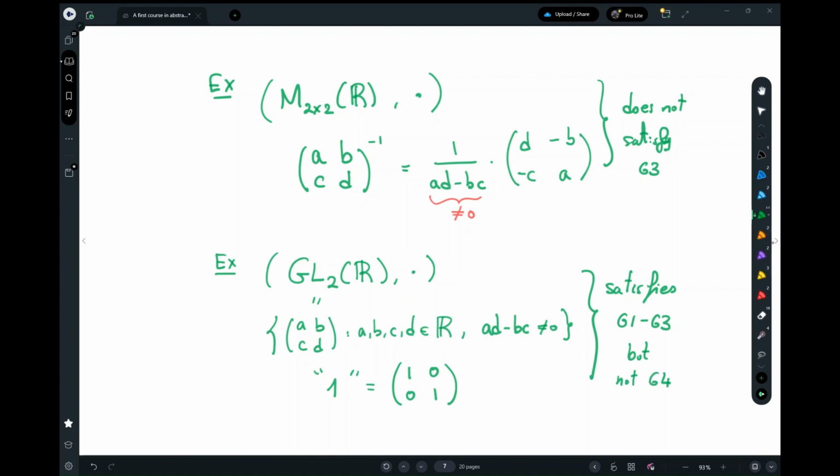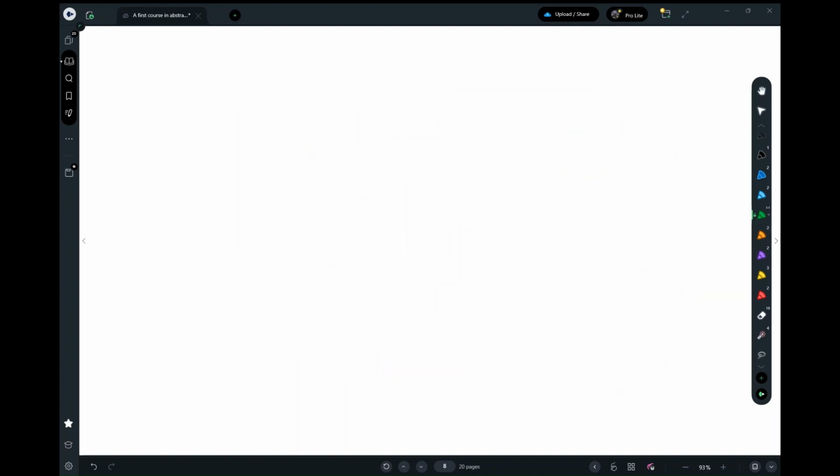This is not commutative. Let me show you that we have matrices, for example, 1, 1, 0, 1, and 0, 1, 1, 0, such that, well, by the way, the determinant is 1 and minus 1, so these are non-zero determinant matrices. How do you multiply? This times this, and this times this, and so on.